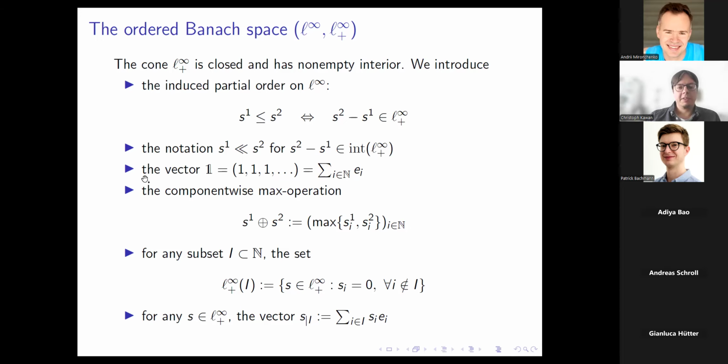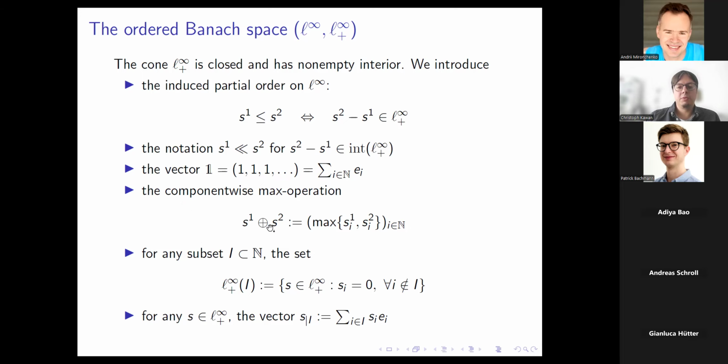So this is also a usual notation for ordered Banach spaces. Then one other thing that I'm going to use a lot of times is this particular vector 1, whose components are all ones. So you could also say this is the sum of all the unit vectors in L infinity. Then another important operation that we need is a binary operation on L infinity plus, and it's a component-wise max operation.